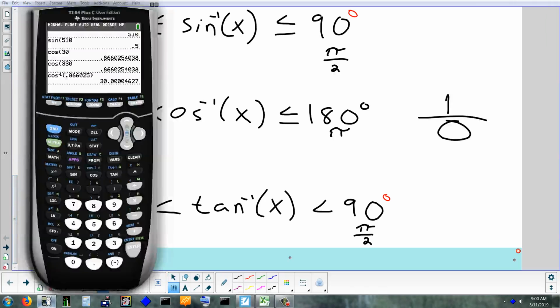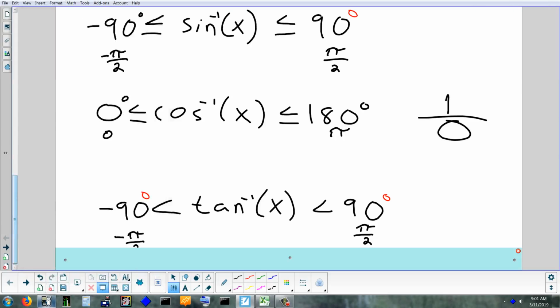That's basically what's happening when you try to do this. You can't equal 90. You can do 89.9, you can go right up to it. That's fine, but you can't do 90, right? And you can't do negative 90 either.